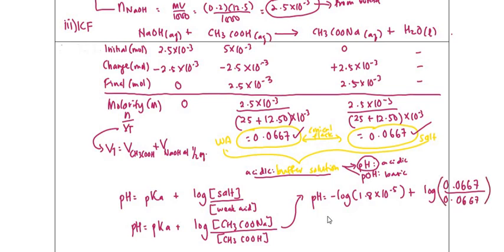You settle down using calculator and you get the pH is 4.74. This is the pH after you added at half equivalent point. That means this pH refer to the remaining solution in the conical flask.